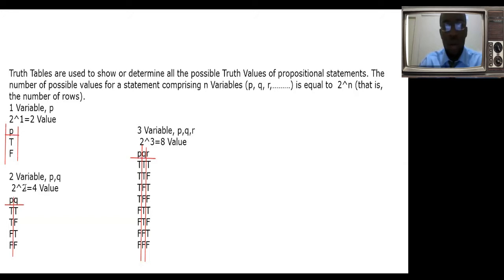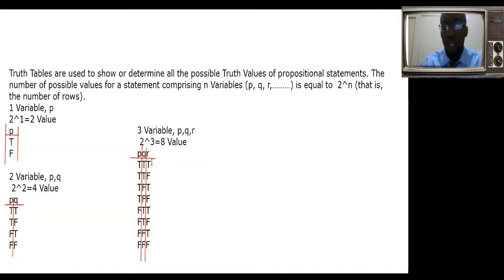So what we notice is that the result is 2 squared, which is 4 possibilities. When it was one variable, the result is 2 to the 1, which is 2 possibilities. Now when it is 3 variables, it is 2 cubed, which is 8 possibilities.